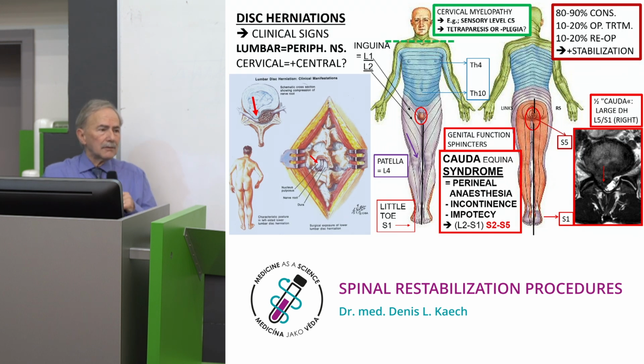Now, basic frequent pathology are disc herniations causing radicular signs. In the lumbar spine, you'll have a radicular compression, an example given from L5, and the patient has pain.